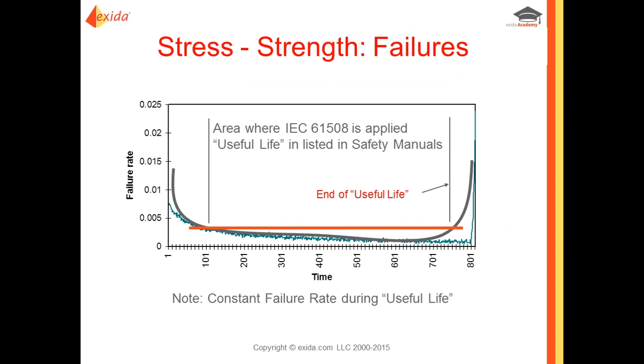Next, in the green section, in the middle of the curve, it's called useful life, and this is where you're going to get all of your random failures, but the good portion of your lifetime. And then at the end of the bathtub curve is called wear out, and this is when strength declines, and as you can see, that happens rapidly. The failure rate increases significantly.